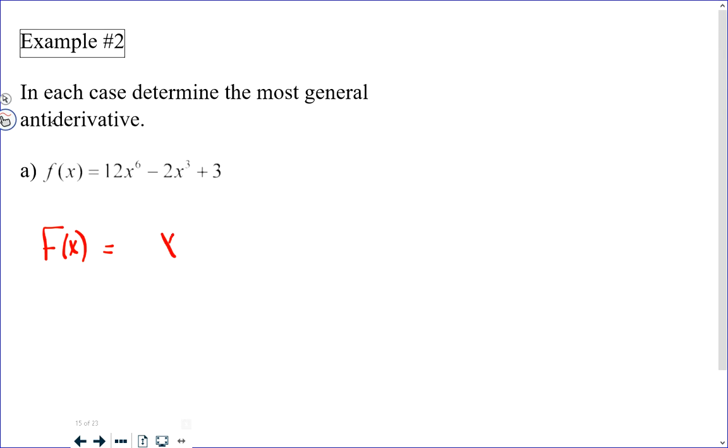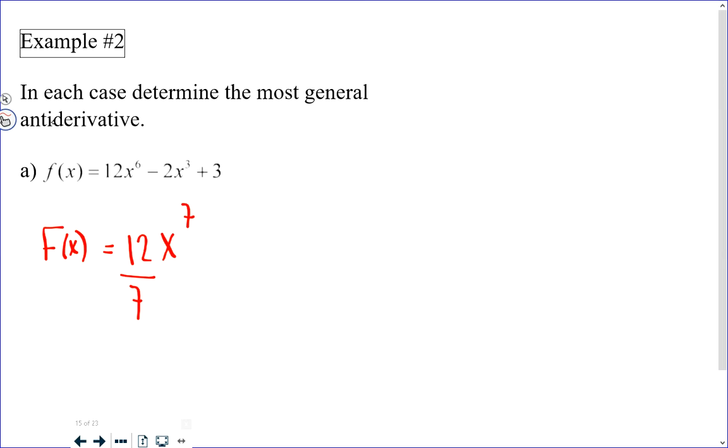Well, I know that I differentiate an x to the 7 to get an x to the 6. The derivative of x to the 7 is 7x to the 6. Well, that's unfortunate because I don't want 7x to the 6. I want 12x to the 6. So I'm going to engineer this by putting a 12 here and a 7 here, so that when I swing that exponent down, the 7's will cancel and I get 12x to the 6.